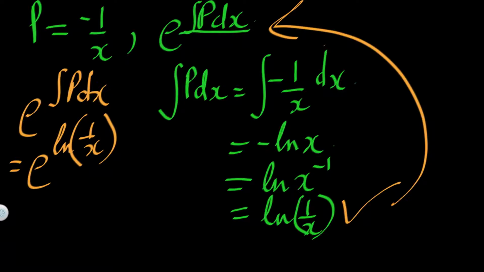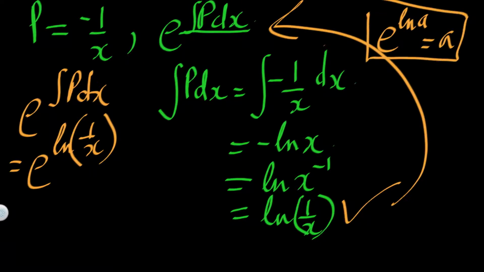If you know your laws of exponents, you will know that e to the power ln a is a. This is a fact. It means e to the power ln of 1/x is actually 1/x. So I now have e to the power integration of P dx. I can now write my formula and substitute and do the integration all at once.